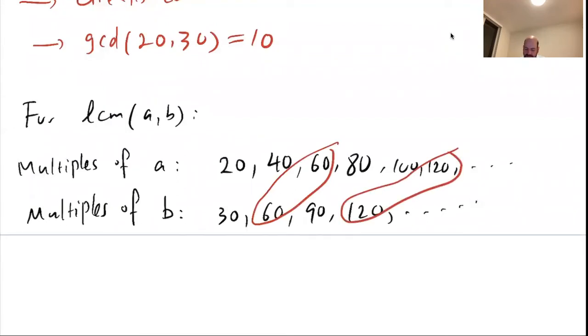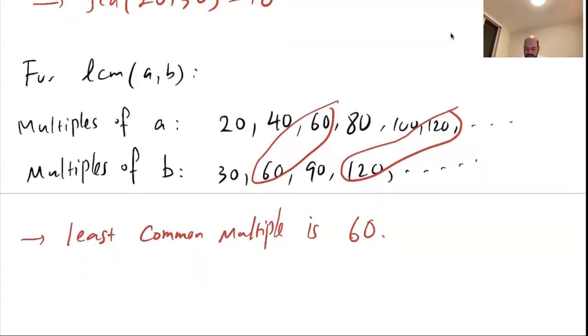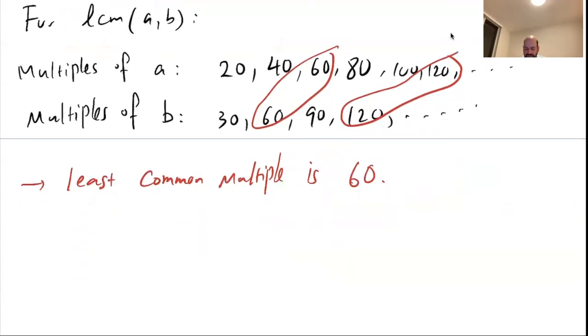So the least common multiple is 60. Or in other words, LCM of 20 and 30 is 60.